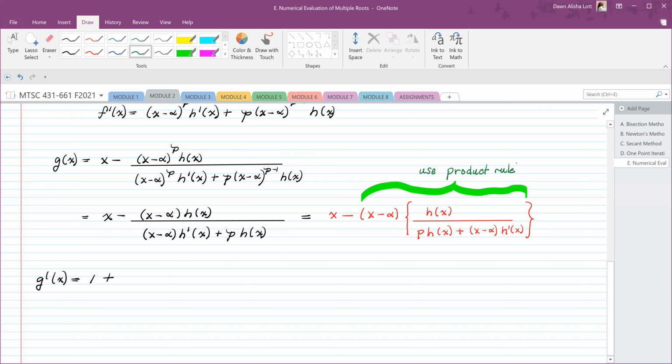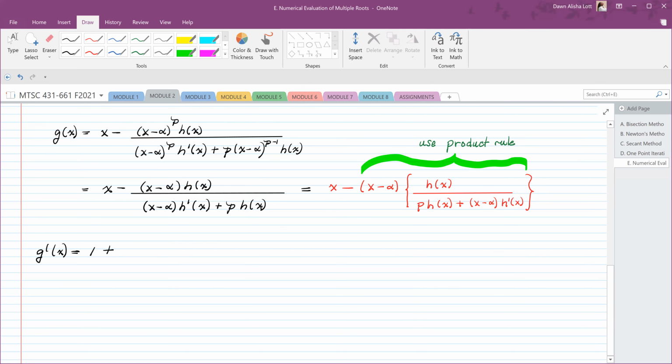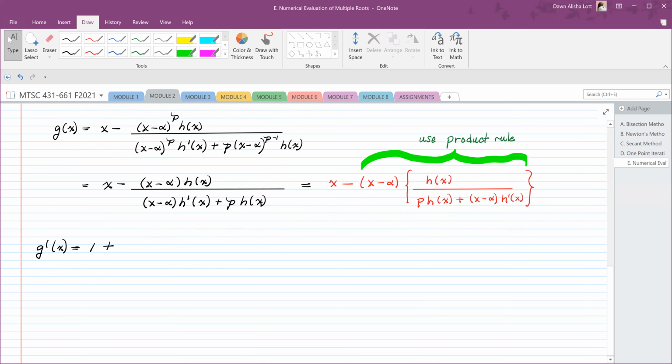Okay. So I get the derivative of x is 1 minus, and now I'm going to get the derivative of the first, which is 1. Oh, I have a plus there. That should be a minus.